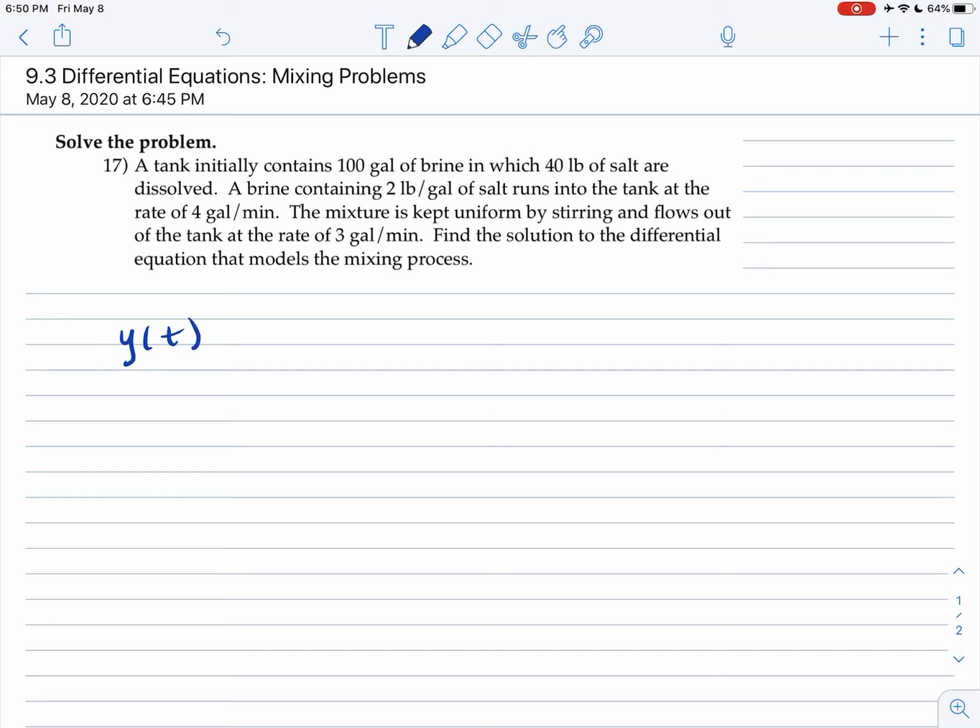So first, we usually want to let y of t equal the amount of the substance. In this particular example, we'll say the amount of salt in the tank at time t. Good?